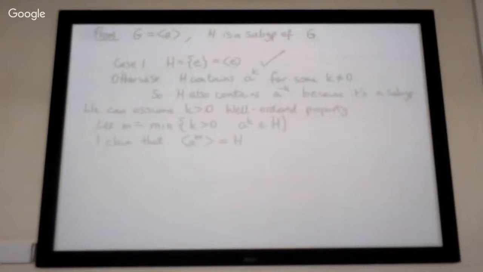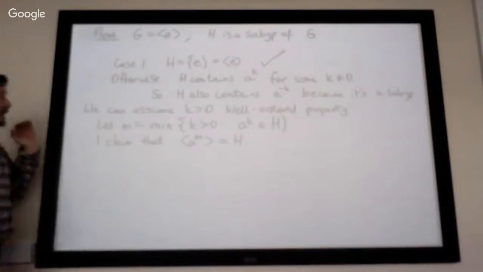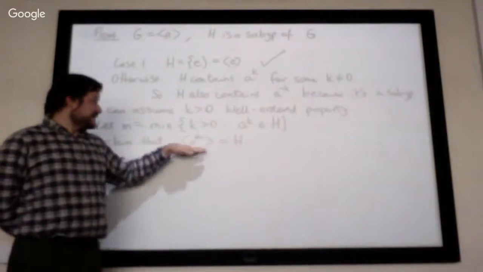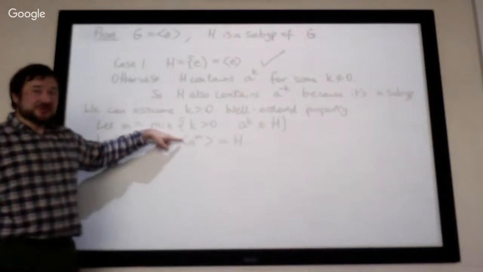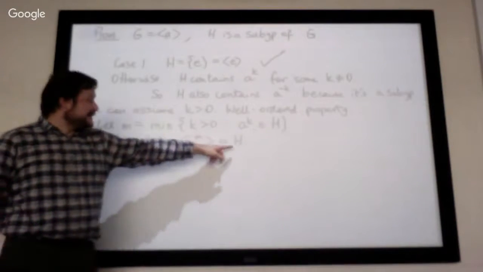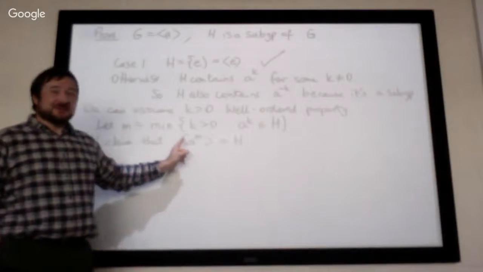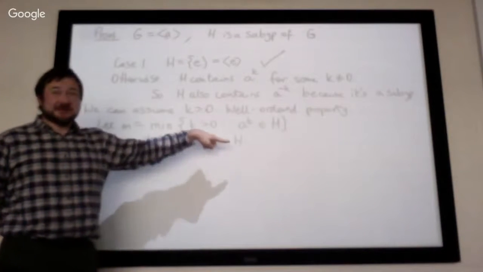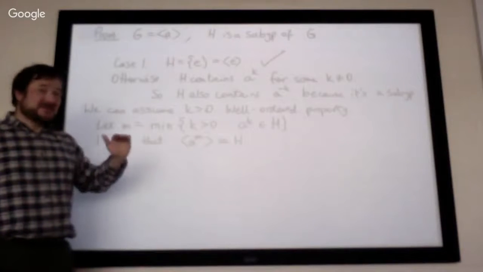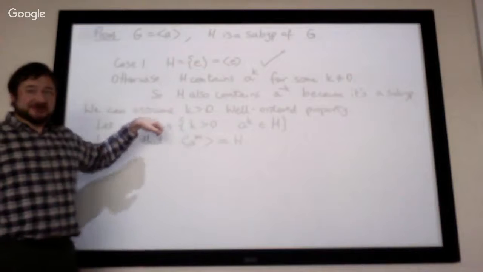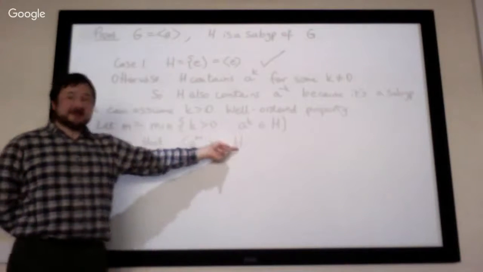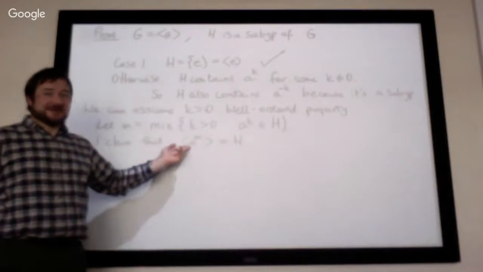When you're proving that two sets are equal, the usual way is to prove both inclusions: this is a subset of that, and that is a subset of that.